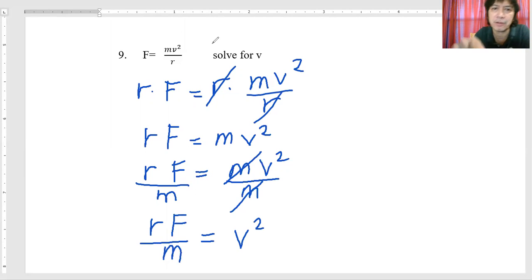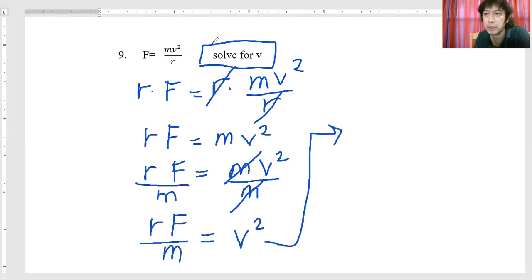You're after v, not v squared, so you have to apply square root. Now at this point, you can already interchange places. You can put v squared at the left because they're equivalent. And the right side is the product of radius and force over the mass.